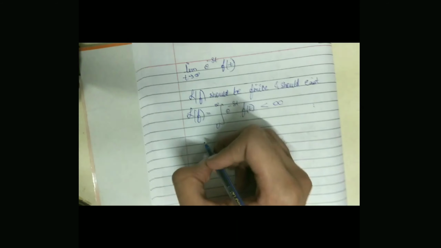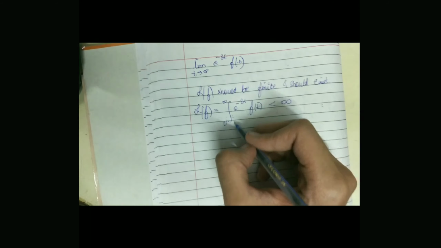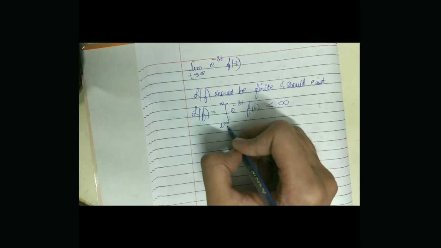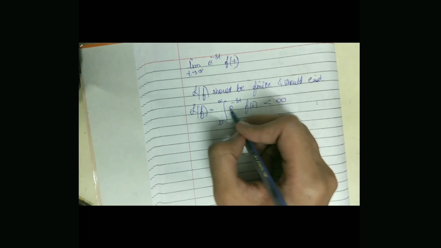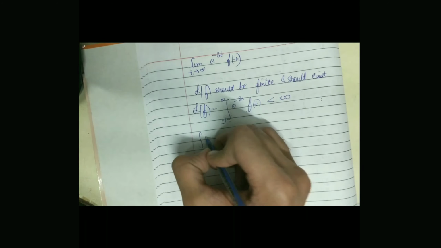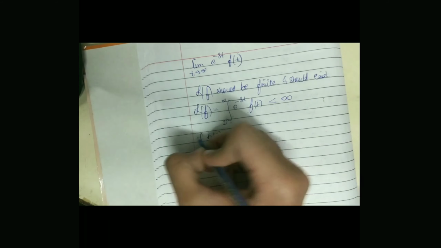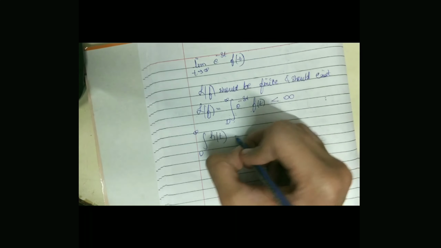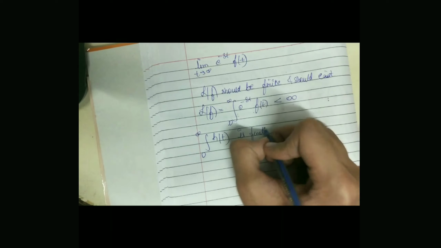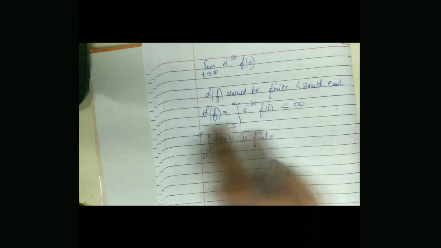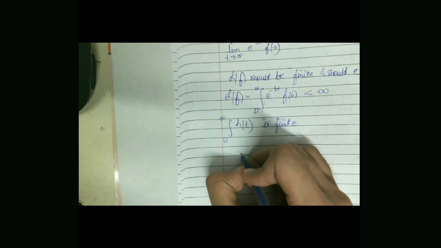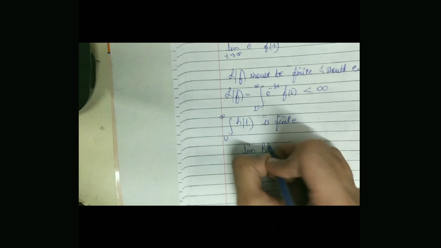We know that if the integral of a function, let's name it h(t), with limits from 0 to infinity, is finite, then the limit as t tends to infinity of h(t) has to be 0.